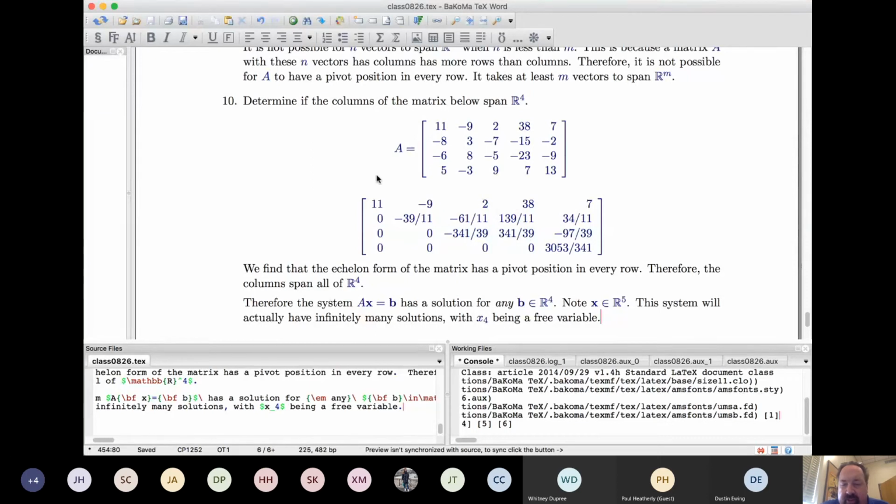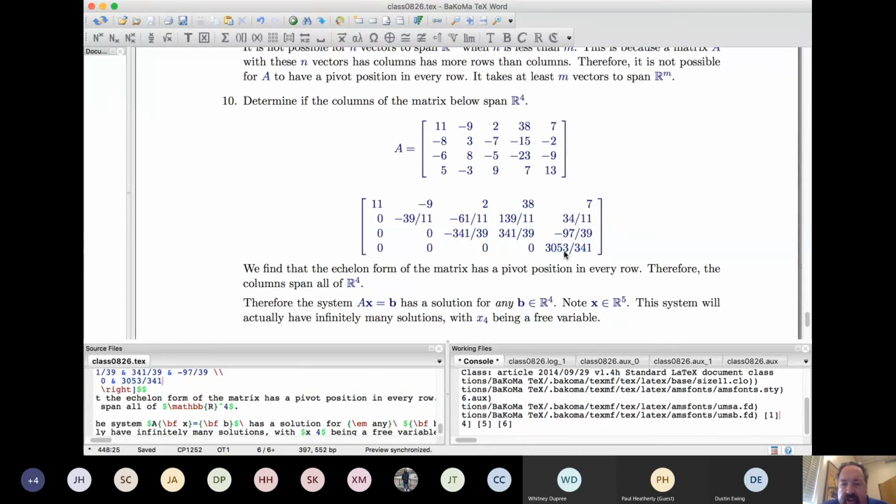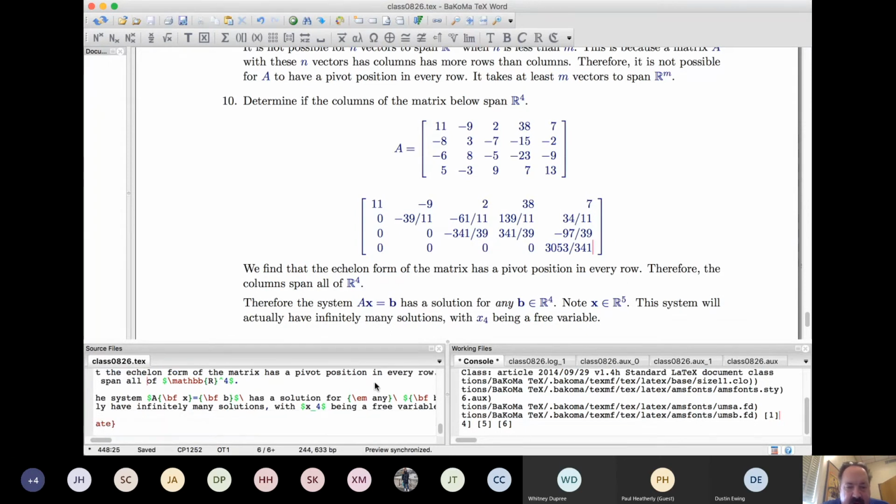Only every other column does. So for whatever system you have, AX = B, X5 will be determined by this equation. Then you choose any value for X4, and then you solve for X1, X2, X3 in terms of X4.